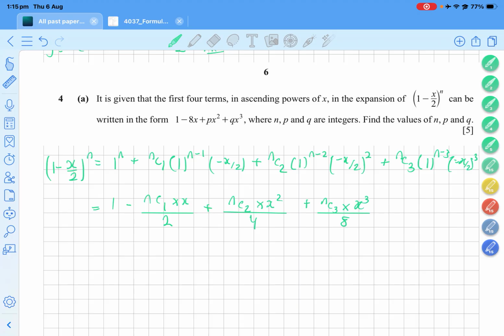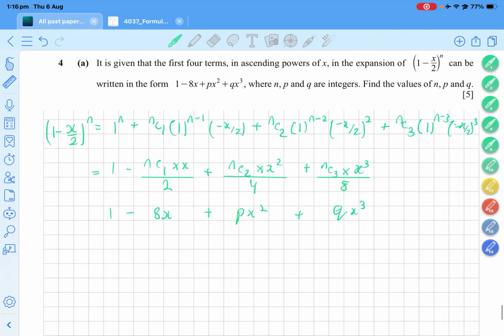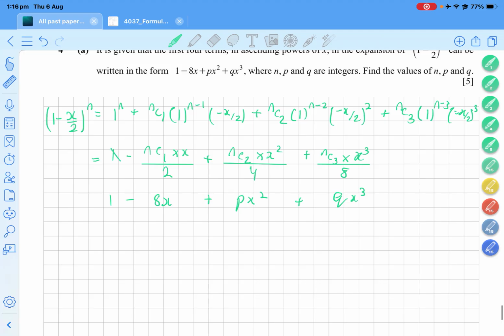So now compare this to 1 minus 8x plus px squared plus qx cubed. So 1 and 1 are the same, and then the x squared and the x cubed terms you can compare.